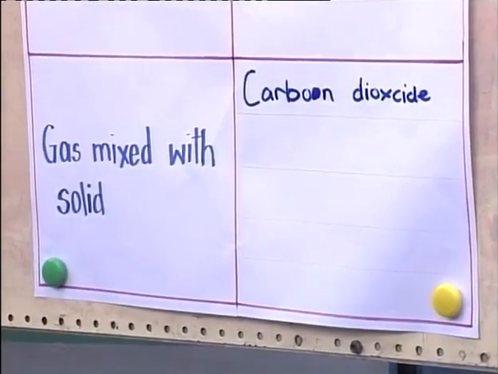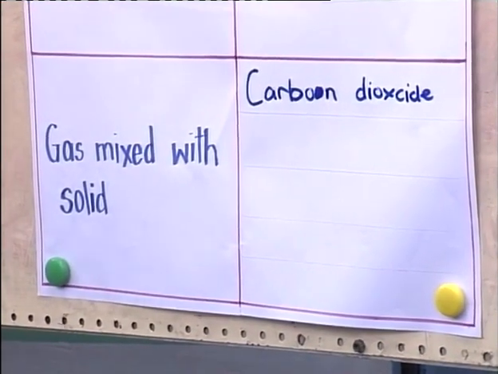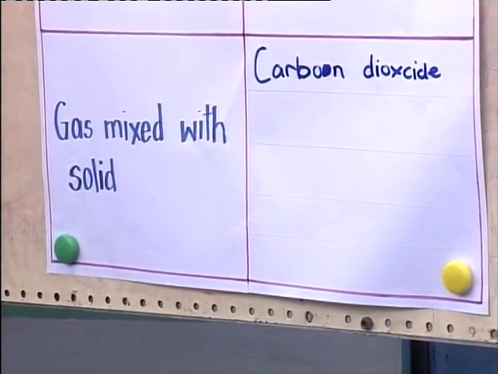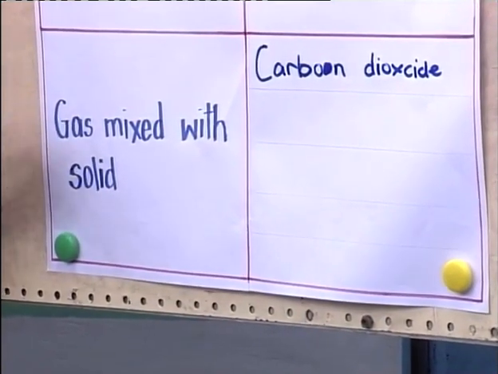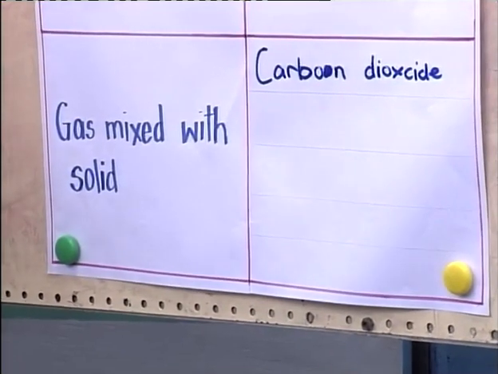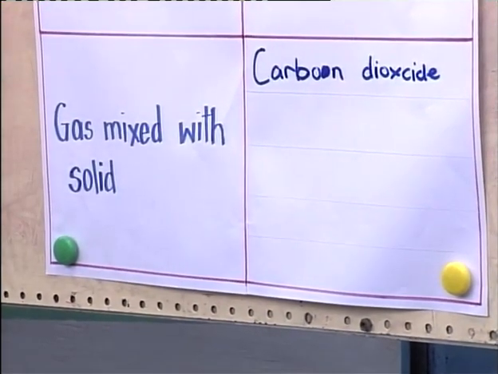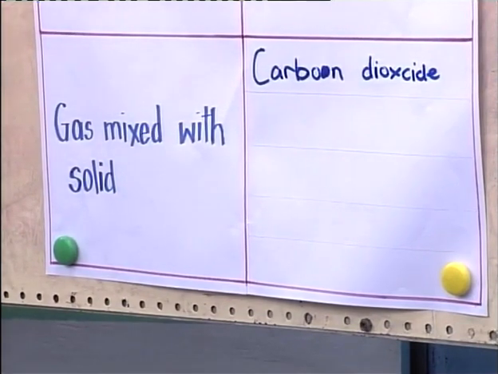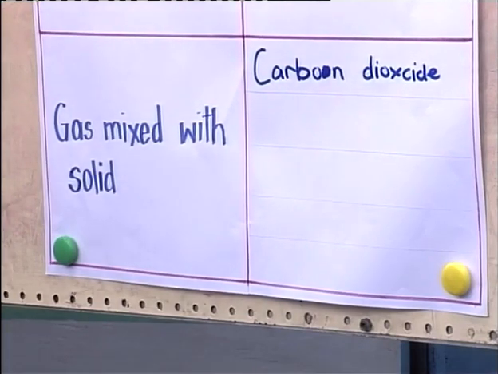Thank you very much, Caro. Okay, carbon dioxide. Carbon dioxide was the obvious example where we had a solid mixed with a gas. So we have the solid as carbon and the gas as oxygen. When put together, they make carbon dioxide. What others can you think of?